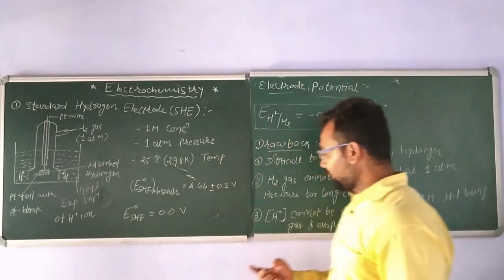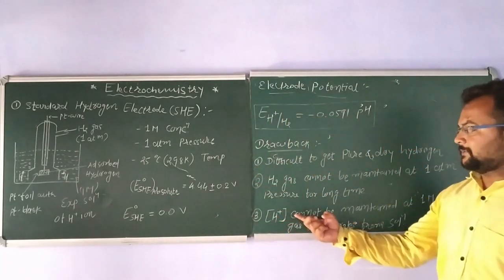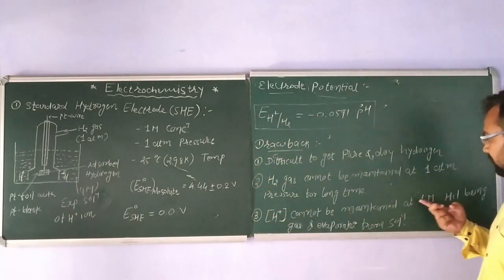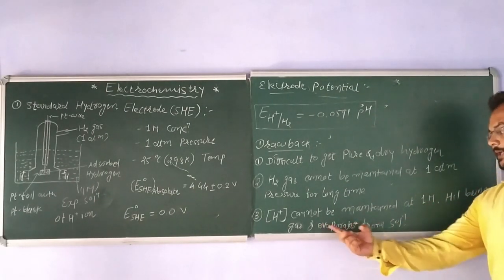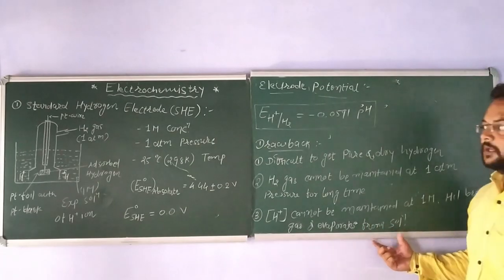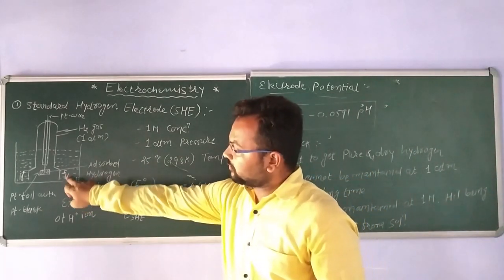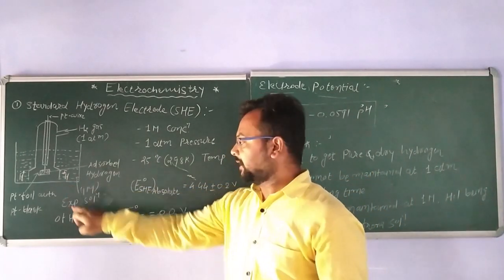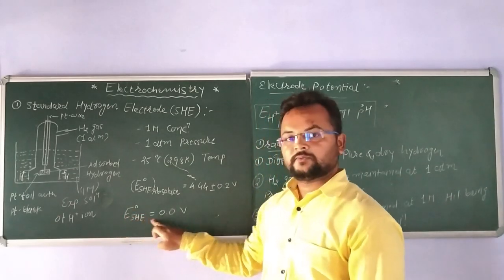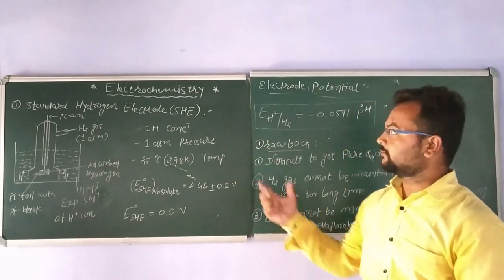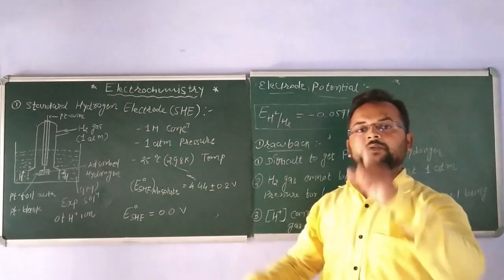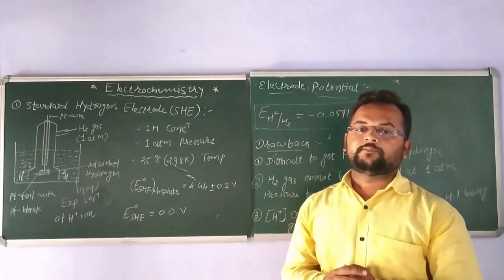The third drawback is that the concentration of H plus cannot be maintained at 1 molar, because HCl is gaseous and evaporates from the solution, so the concentration changes and the EMF is disturbed. Due to these drawbacks, it is used as a primary reference electrode.